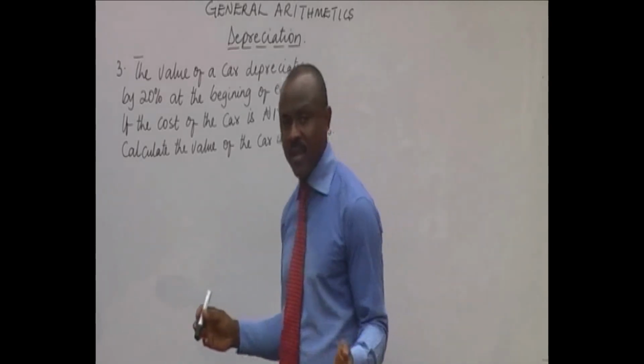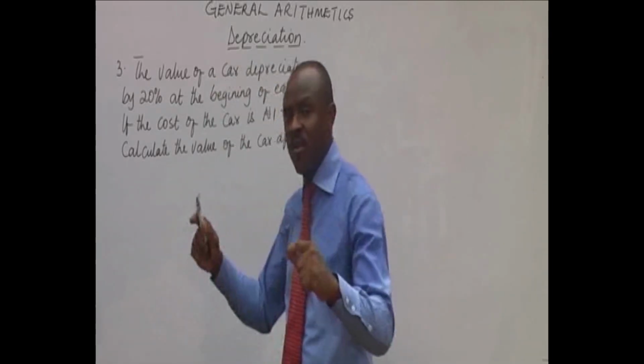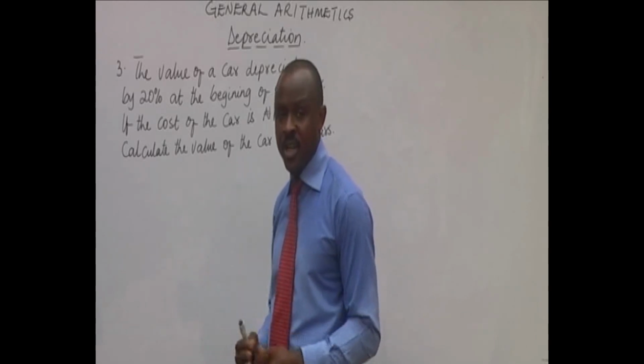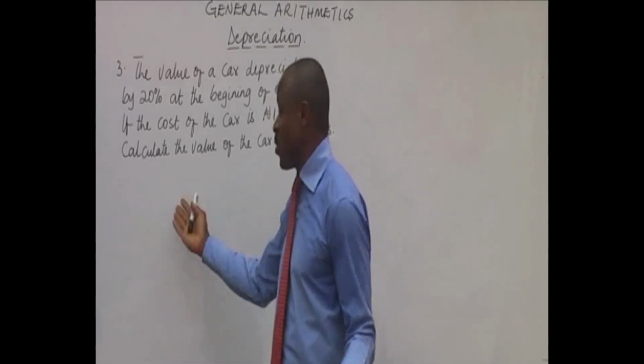It's a very simple thing. Take 20% of the value of the car and remove it from the value of the car after each year for 2 years. That is what the question is asking for.